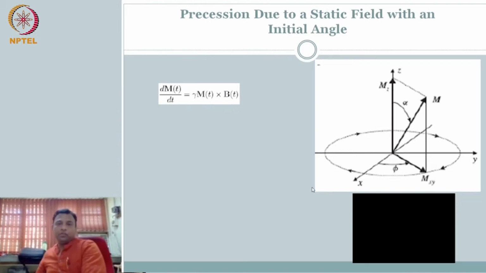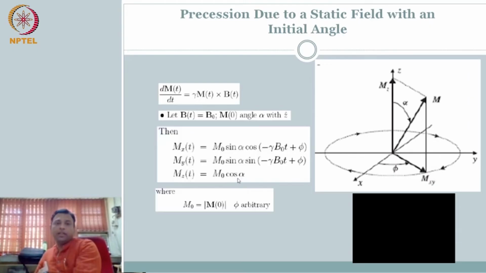So now what happens to your motion equation? d by dt of M of t is gamma M of t cross B of t is what we had. Now I am saying B of t is actually nothing but your static magnetic field, which is B naught. So B of t becomes B naught, and let's say that your magnetization vector when you started, at time equal to 0, was aligned at some arbitrary angle alpha with respect to z.